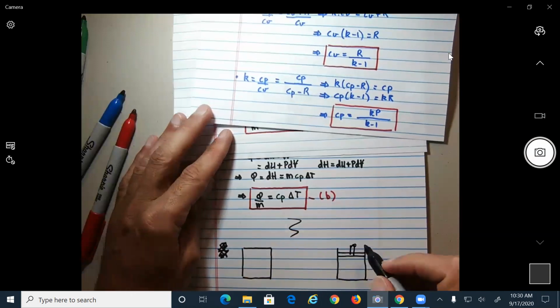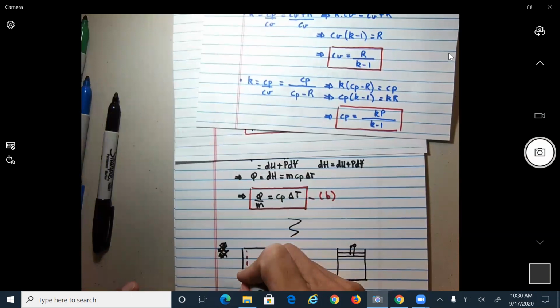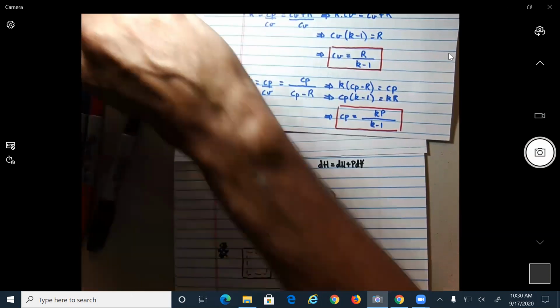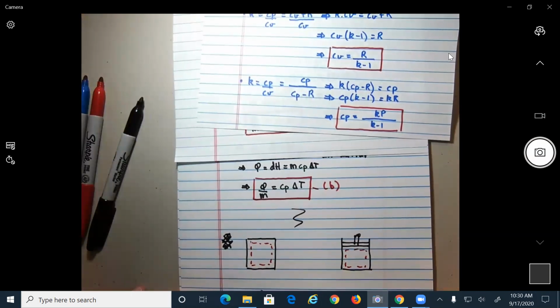In the other one, closed system, constant pressure. So what you need to realize is that in this one, you're going to deal with internal energy, with U. In this one, if you want to go quick, you're going to be dealing with enthalpy, not with internal energy.